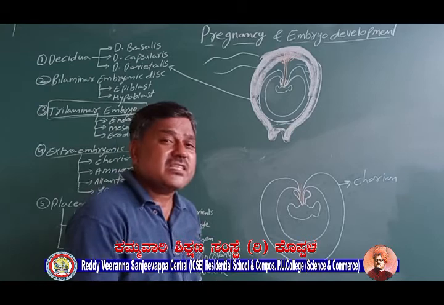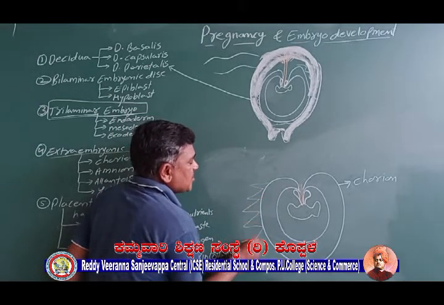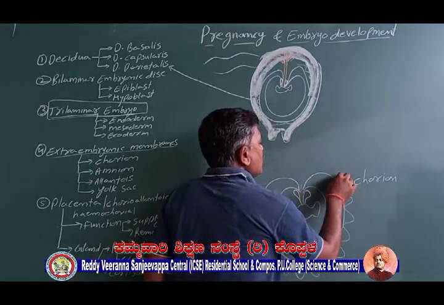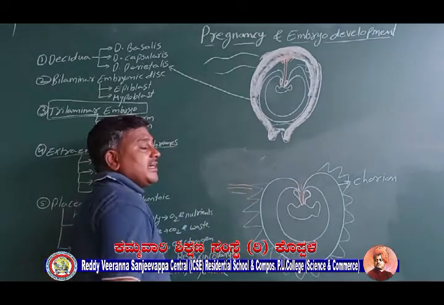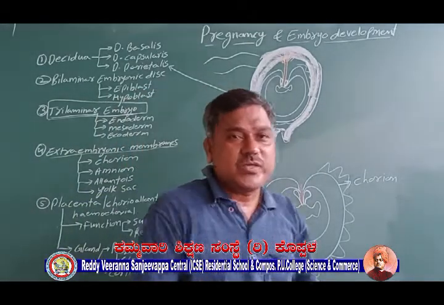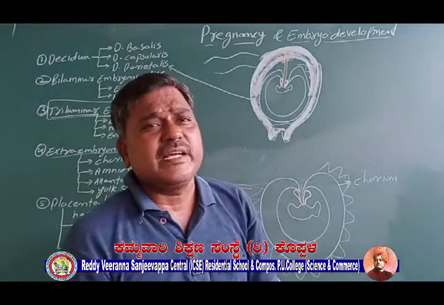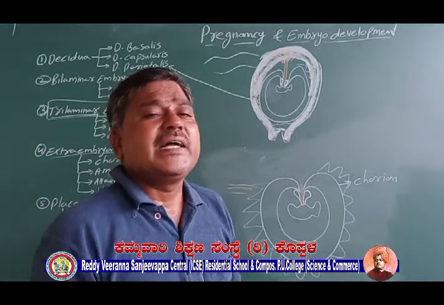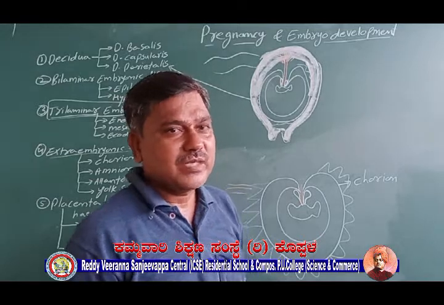It provides nourishment, because this chorion produces finger-like projections attached with the endometrium. So, it makes attachment with the blood vessels and helps in absorption of nutrients. So, the chorion is the outermost layer made up of trophoblast cells and endometrium, and it helps in providing nourishment to the growing embryo. Clear?